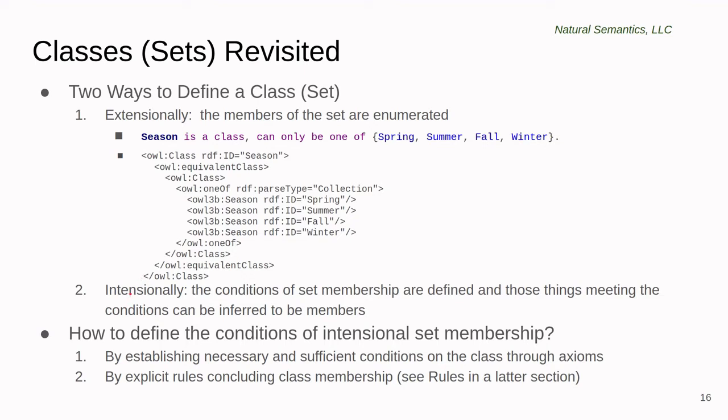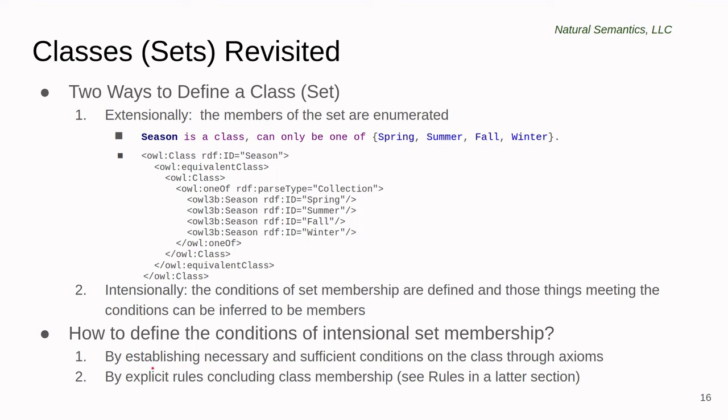That brings us to the other way of defining a class, and that is intentionally. When we define a class intentionally, we specify the conditions of set membership, and then everything that meets those conditions can be inferred to be a member of that class. So how do we define the conditions of intentional set membership?